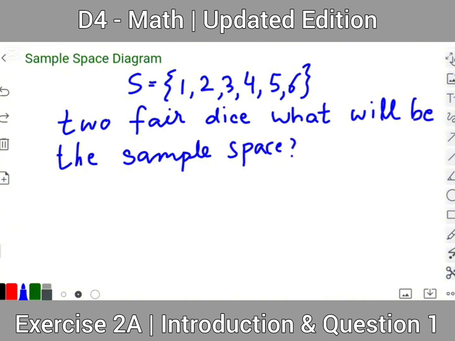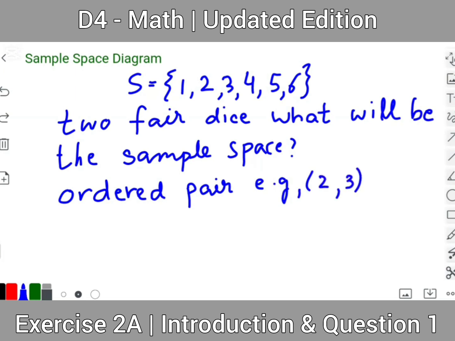Let's think. We can represent a possible outcome by using an ordered pair, for example 2, 3. 2, 3 means the first die shows a 2 and the second die shows a 3.